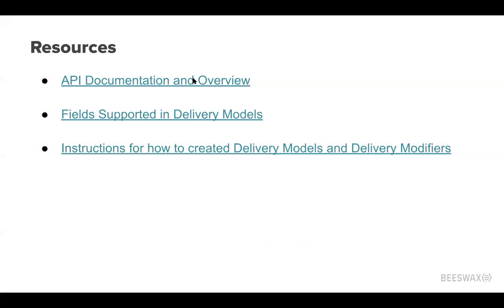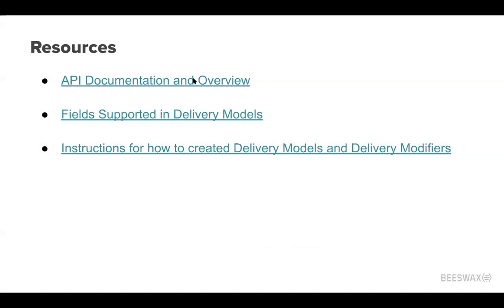With that, one more thing, we'll send this out afterwards, but there's a bunch of resources available in our technical documentation around the API, the fields that are supported in delivery models. We have a public Google sheet which explains which fields are available in delivery models versus bid models.